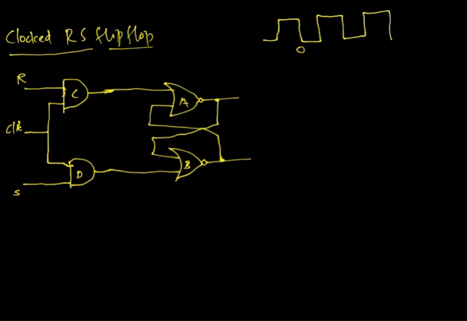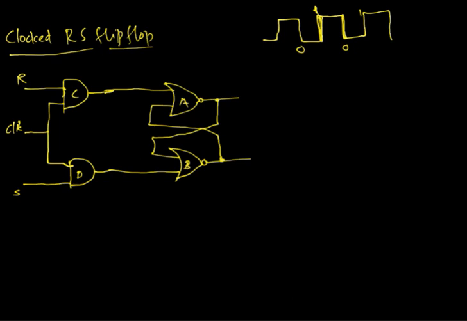This is denoted usually as 0, this is 1, this is 0, this is 1. So this is called positive triggering edge and this is called negative going edge or negative triggering edge of a clock pulse. So this clock pulse is applied here.